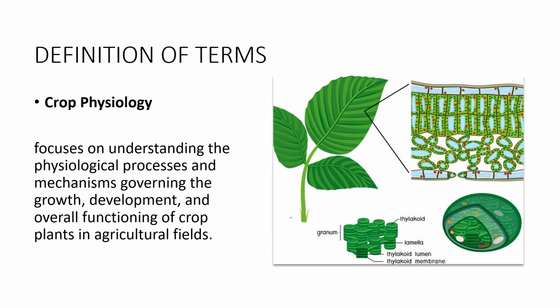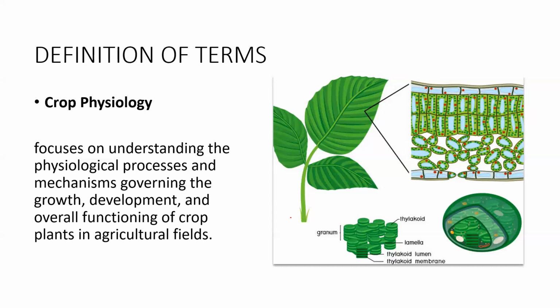What are the biochemicals that are produced during the elongation of the plants? So we need to understand all of these things so that makita natin paano kaya nagkakaroon ng yield ang isang plant? Paano siya nagkakaroon ng weight or biomass due to these processes?